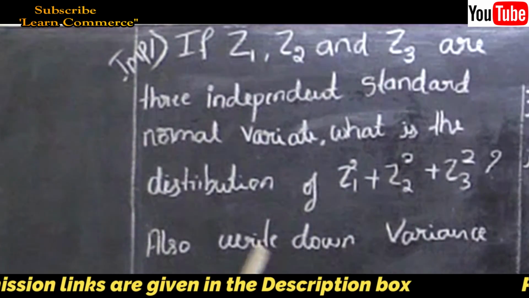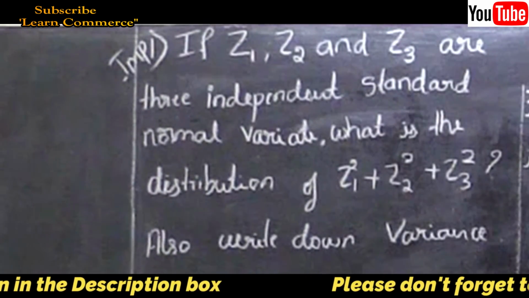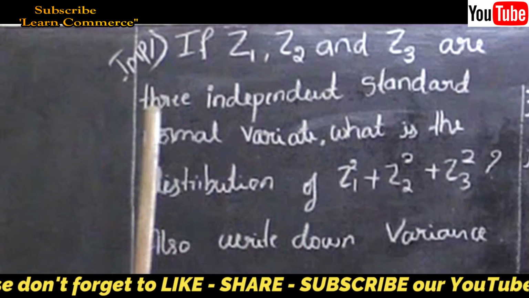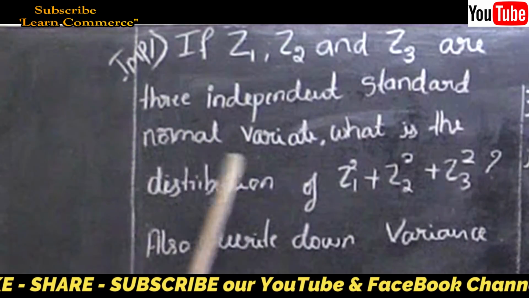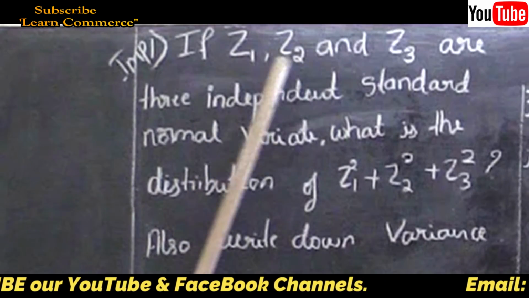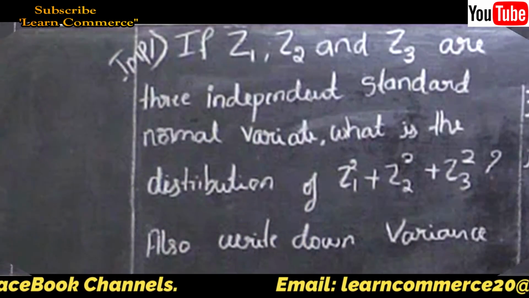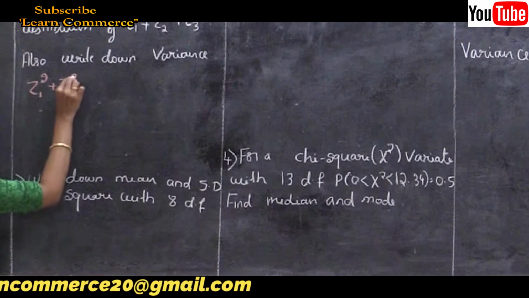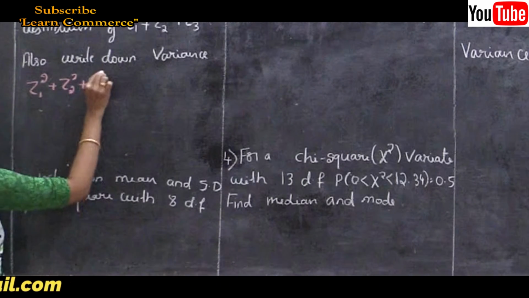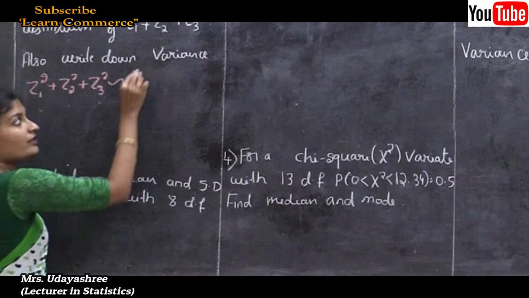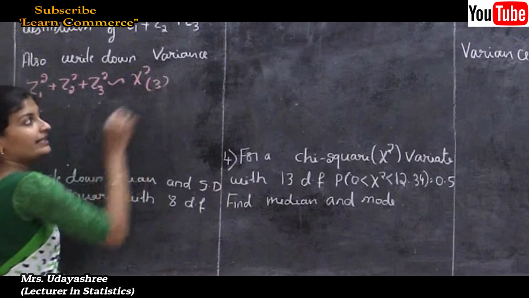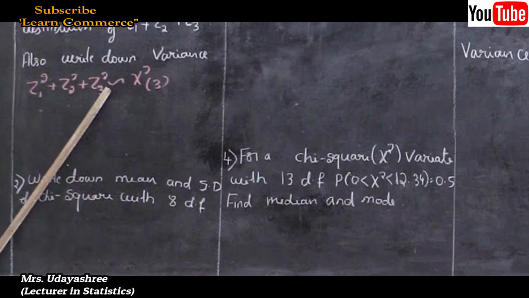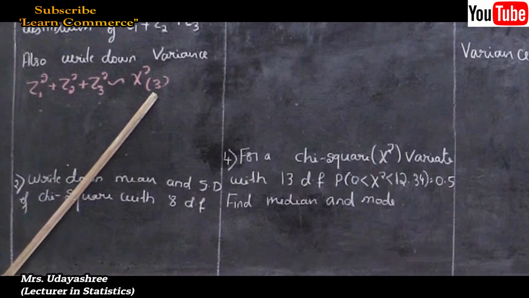Also write down variance. Okay, now see here the given observations are Z1, Z2 and Z3, which are 3 independent standard normal variates. Then Z1 square plus Z2 square plus Z3 square follows chi-square with 3 degrees of freedom.